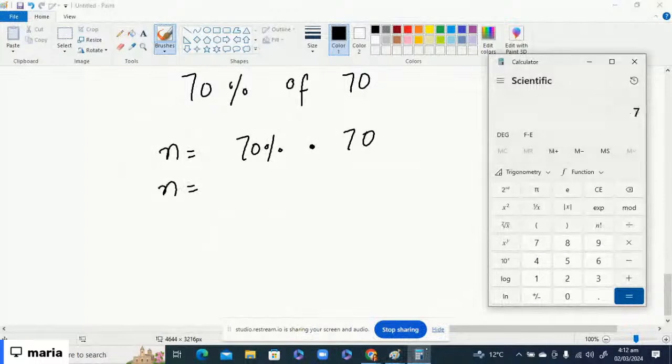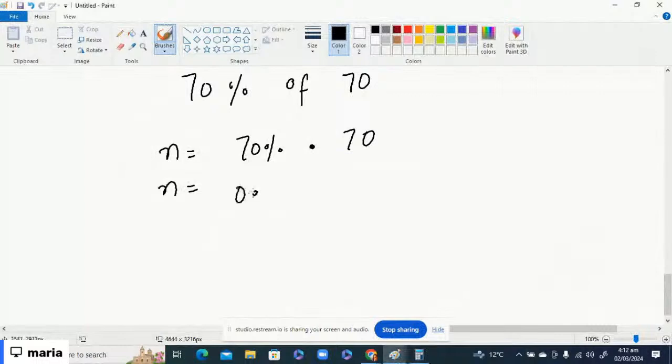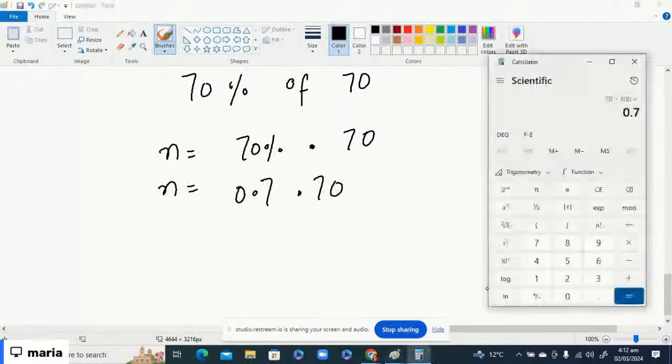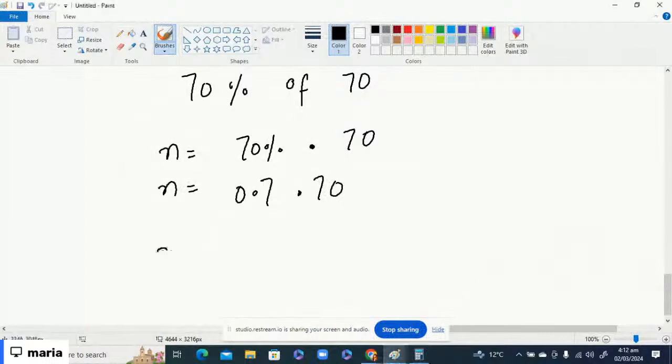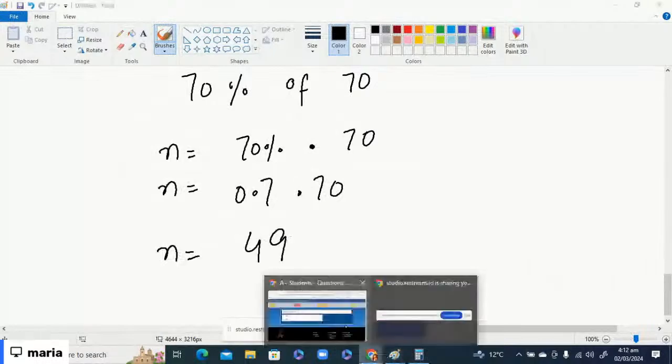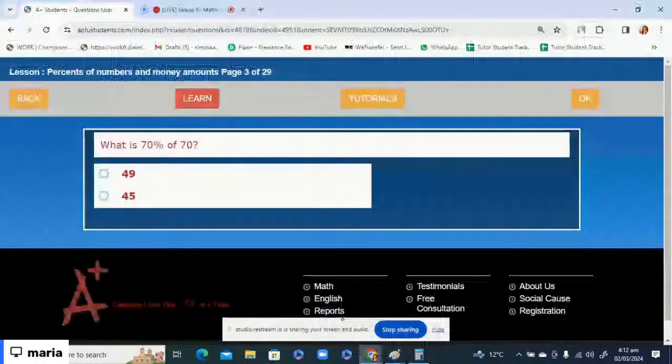Divide 70 over 100. This is 0.7 times 70. Now let's do 0.7 times 70. This is 49. Okay, let's check, is there any answer for 49? Yes, part A.